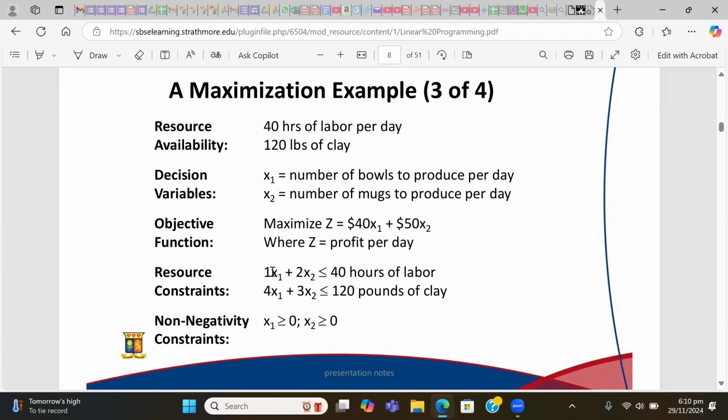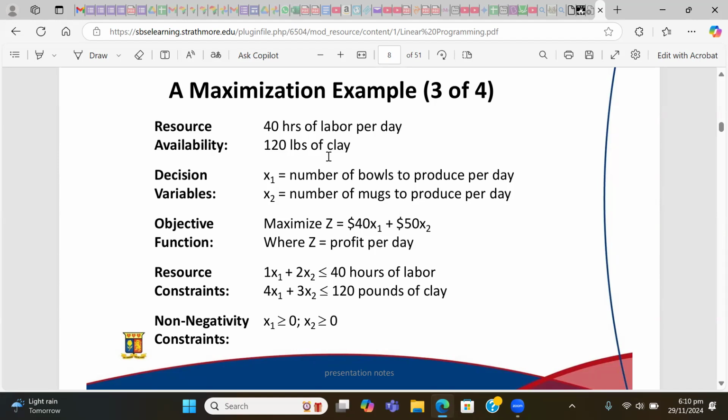You don't have to write 1x1, you can write x1 plus 2x2 must be less than or equal to 40. That's a constraint. You only have 40 hours of labor to make X1 bowls and X2 mugs. There's also another constraint.